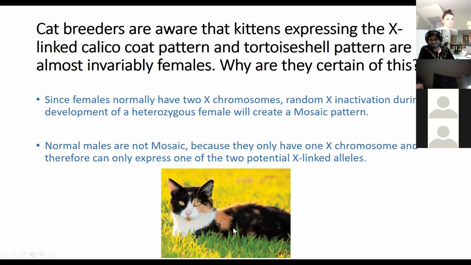It does have homology to the X chromosome, so it might have to do with that, but I'm not entirely sure. That could be a possible reason. You would have to genotype your cat to figure that out. Does that make sense? Yeah, that makes sense.